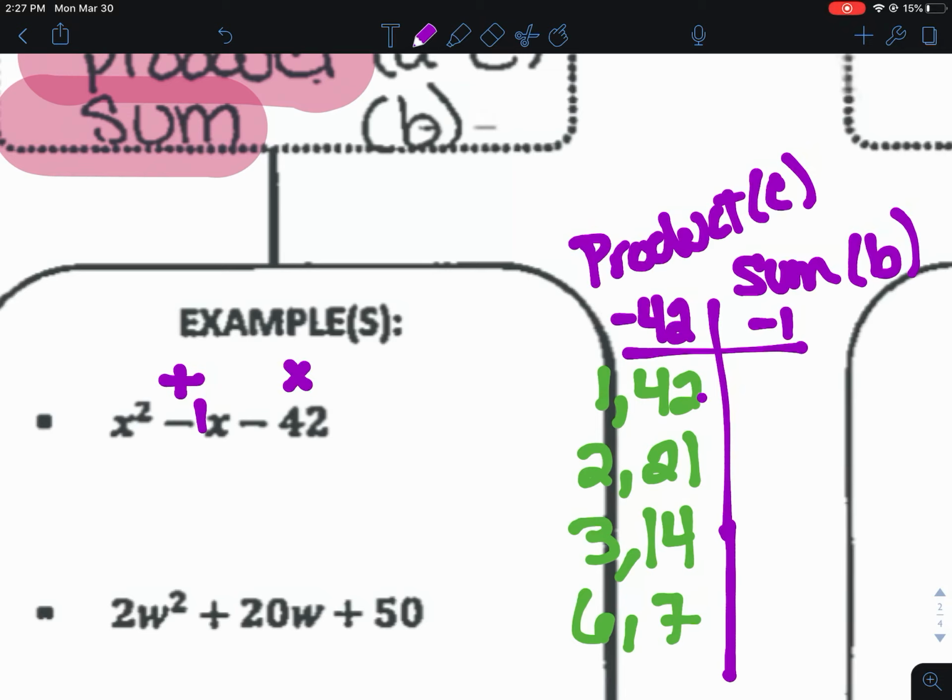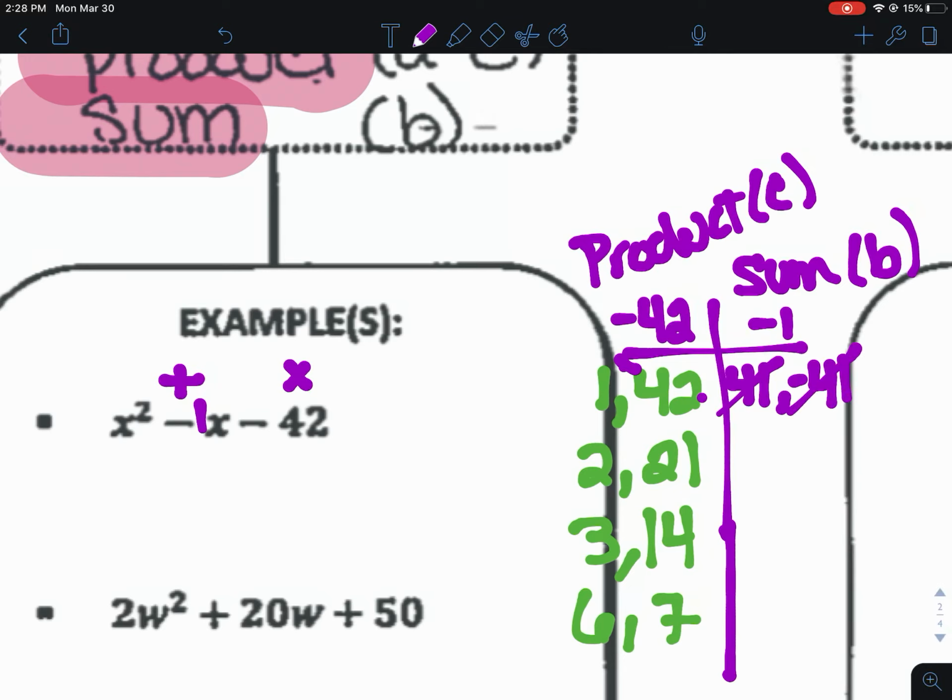So when I'm looking down the list, 1 and 42, let's say I made 1 the negative number. Well, then when I multiply them, I get negative 42, but when I add them together, I get 41, which is not negative 1, right? So that doesn't work. But what if the 42 were negative instead of the 1? Then when we add them together, we get negative 41.